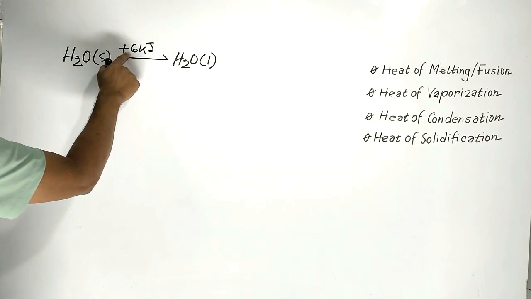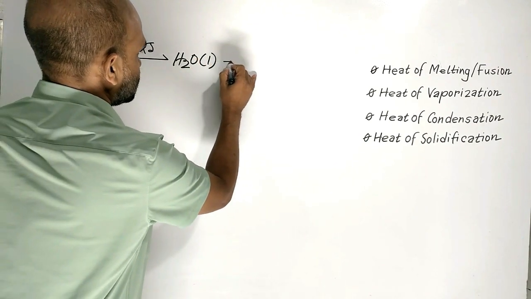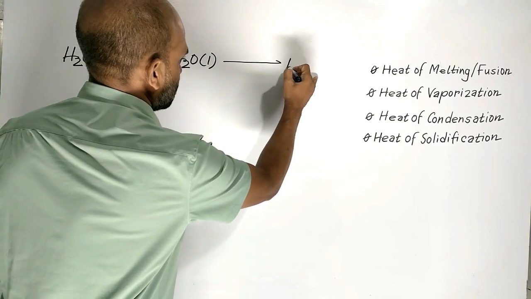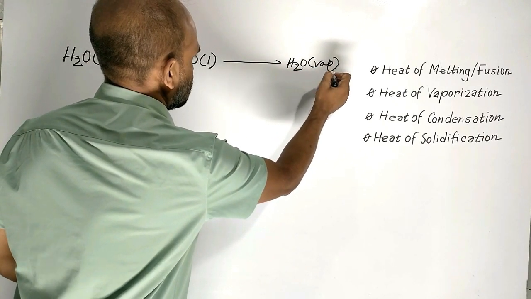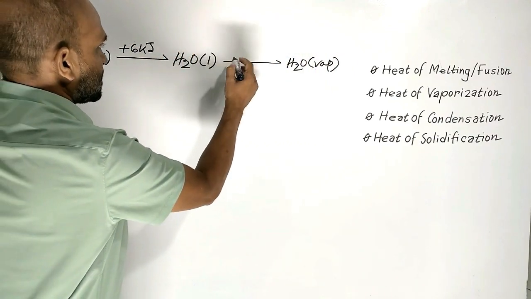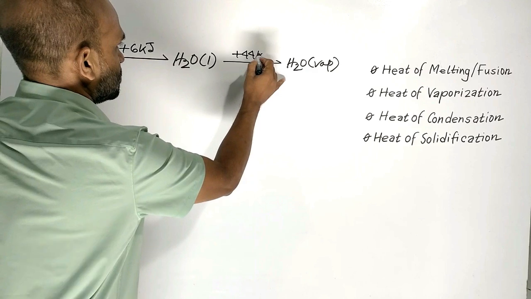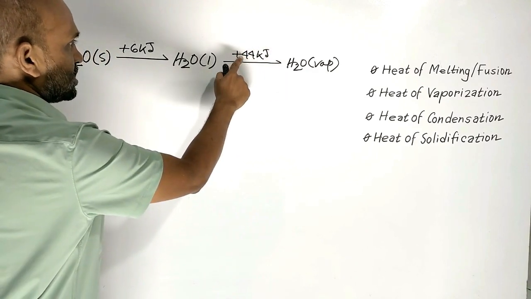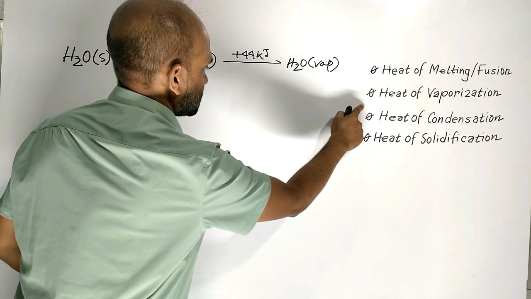This is a heat of melting or heat of fusion. When 1 mole liquid is converted to 1 mole vapor, then it receives some amount of heat, which is 44 kilojoule. This amount of heat is known as heat of vaporization.